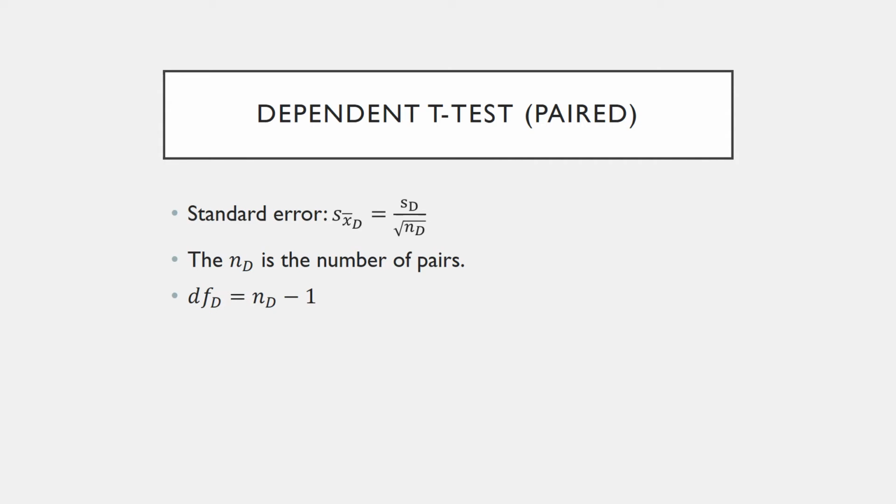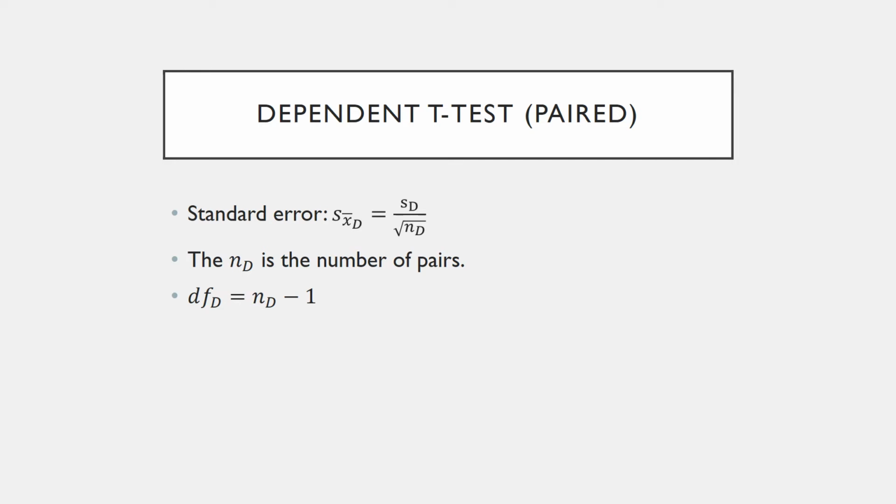So now, after you get the standard deviation of the difference scores, which we're going to denote by S subscript D, so this is the standard deviation of the difference scores, we need to get the standard error. So the standard error is how much we expect the mean of the difference scores to vary from sample to sample.